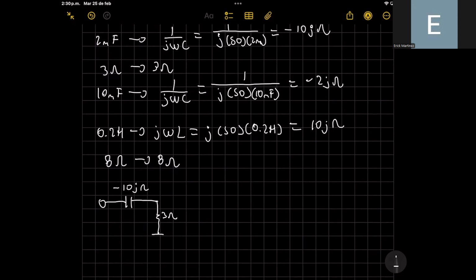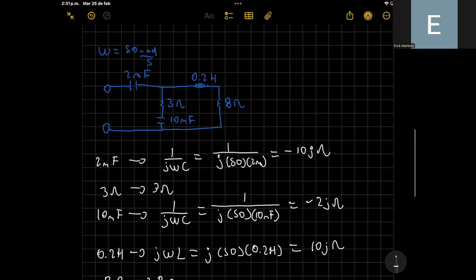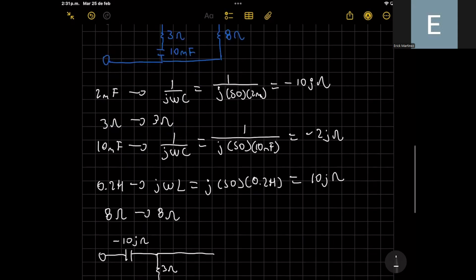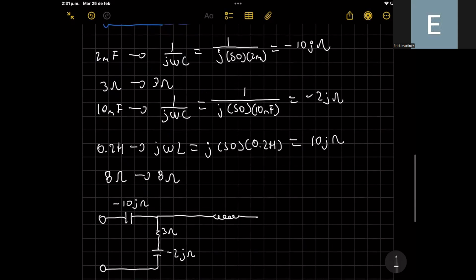And we have here the capacitor of 10 millifarads, but we know that the impedance of that term is equal to minus 2 J ohms. Then we have here the inductor, and the inductor has an impedance of 10 J ohms. And here we have another resistor, and the resistor has impedance of 8 ohms.